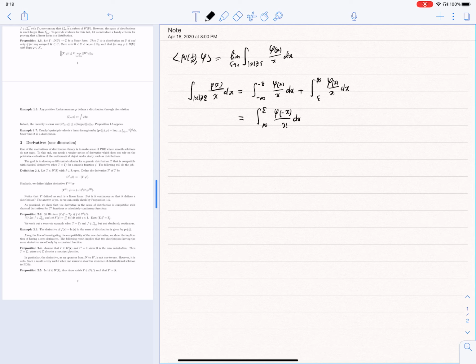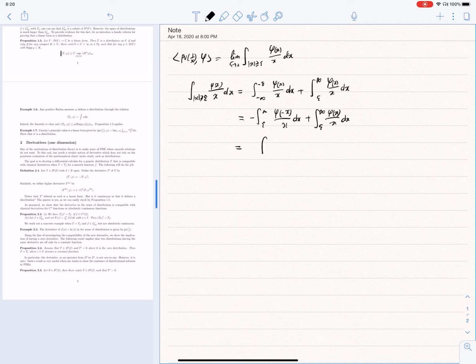Since we don't want this kind of domain, we want the left-hand point of the domain to be smaller than the right-hand point, so let's rewrite it. It becomes the integral from epsilon to infinity of phi of x minus phi of negative x over x dx.